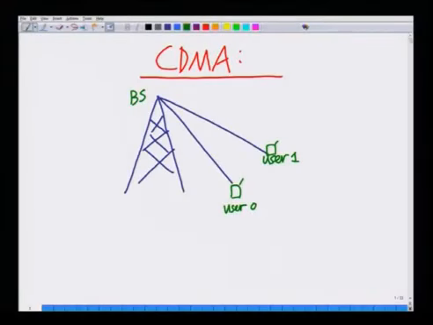So, what we want is for each of these two users, that is user 0 and user 1, to access the base station, or in other words, what we want is multiple access.